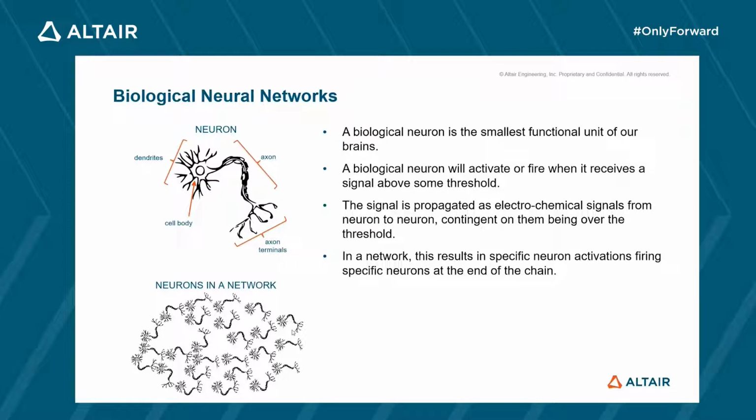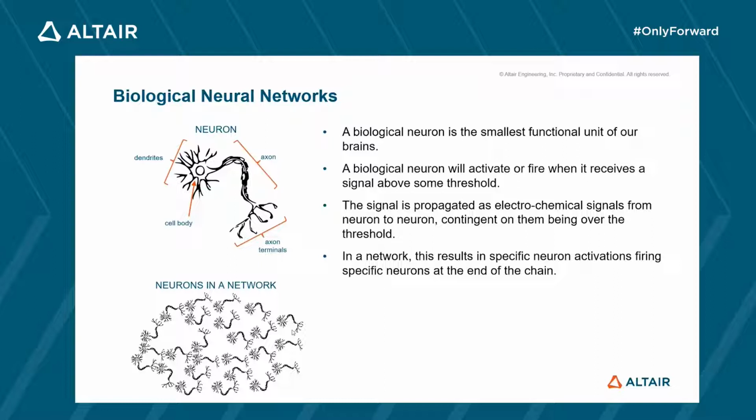These signals are propagated as electrochemical trails from one neuron to the other. And there is a contingency that the previous neuron has to generate a signal that is above what we call an activation threshold for the next neuron in order for the signal to continue propagating. So this is a very simple idea of chaining them together.